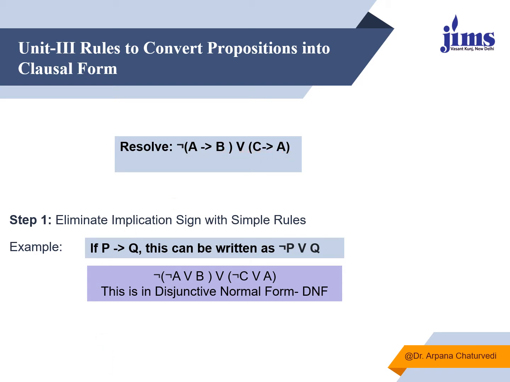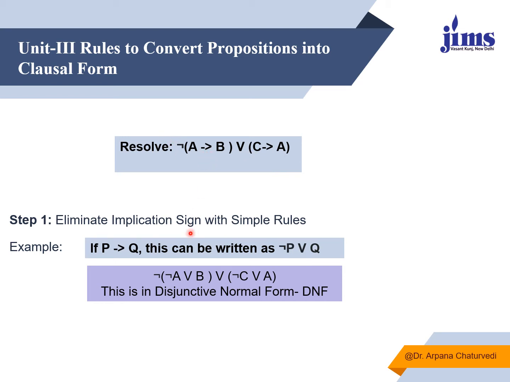First of all, we have to look whether an implication symbol is present in the given proposition. If it is, our first step should be to remove that implication symbol. We can remove it using a rule: we know that if P implies Q, it can also be written as not P or Q. So the first job is to remove the implication symbol.